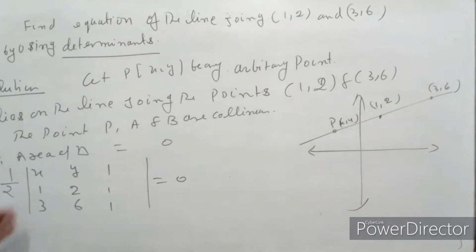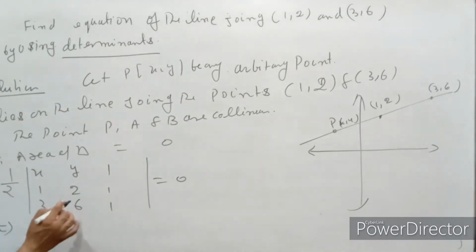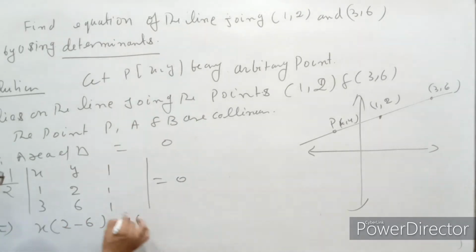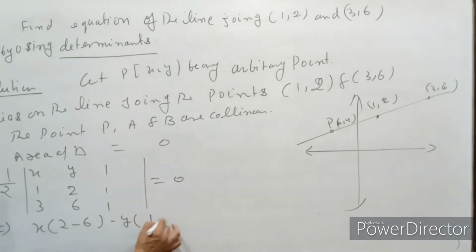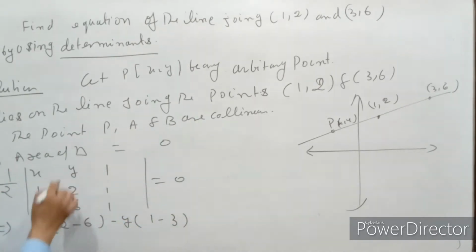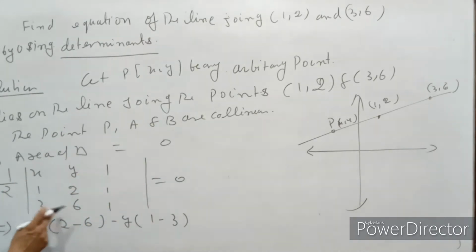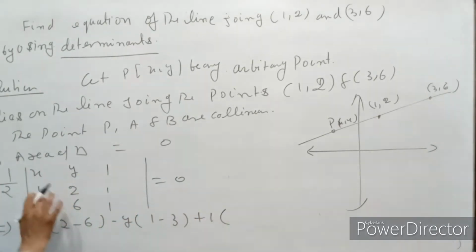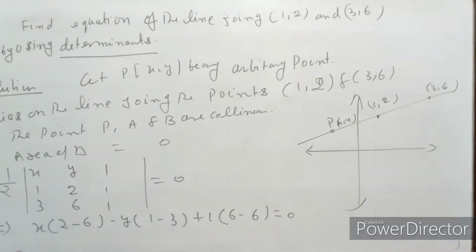Now expand this determinant along the first row: x into 3 minus 6, minus y into 2 minus 3, plus 1 into 12 minus 9, which is equal to 0.